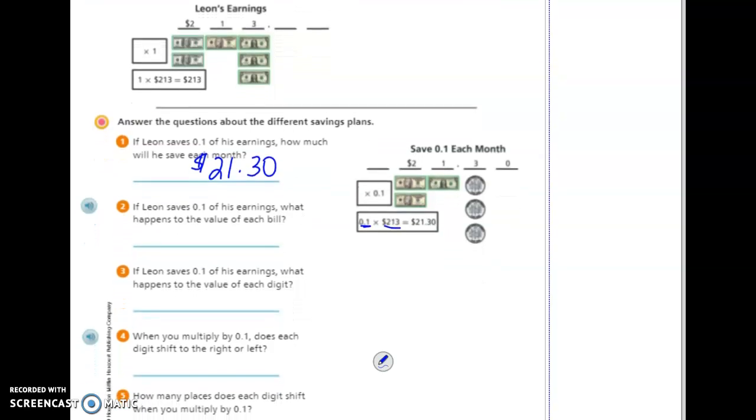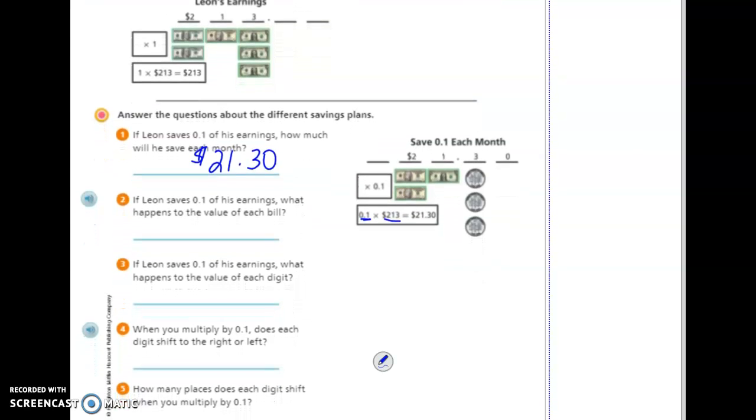All right, next question, number 2. If Leon saves 1/10 of his earnings, what happens to the value of each bill? I'm going to start over here on the big bills. These are $100 bills underneath the 2, so $200 bills, right? So the $200 bills over here change into $10 bills over here.